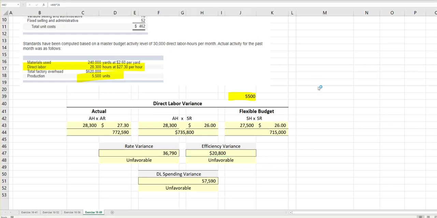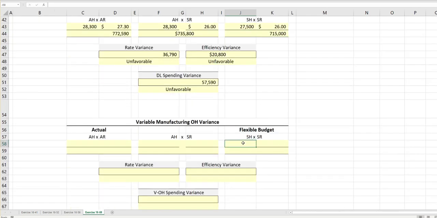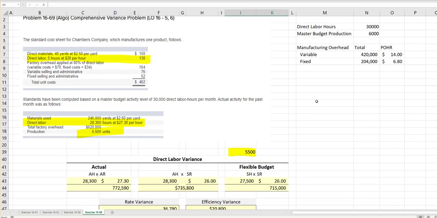Let's move on now to our direct manufacturing overhead variance. We're applying overhead on the basis of standard labor hours, so we're going to have the same 27,500. But now we're going to use the standards from above that we calculated.